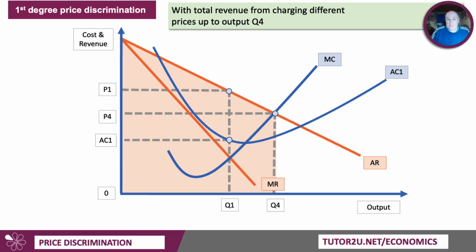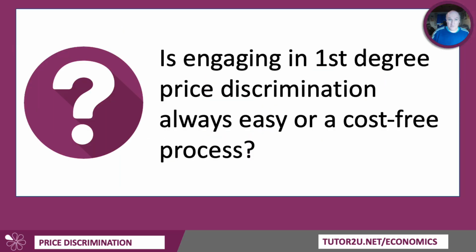And it's better for the firm to do that, providing that the costs of segmenting the market are not prohibitive. Clearly, essentially what this does is it extracts the consumer surplus and turns it into extra revenue.